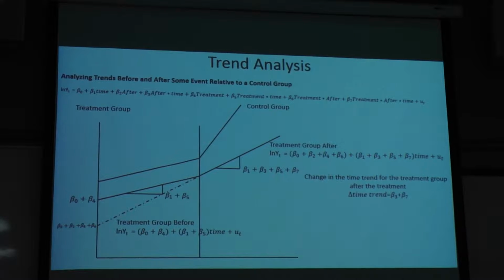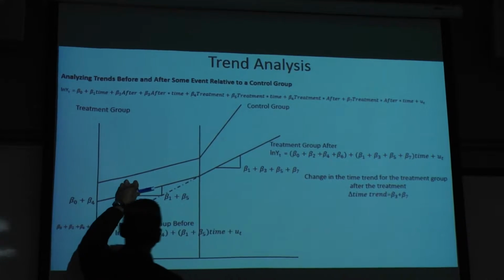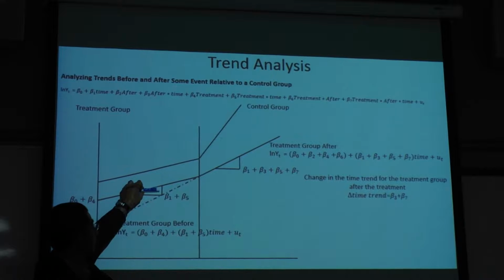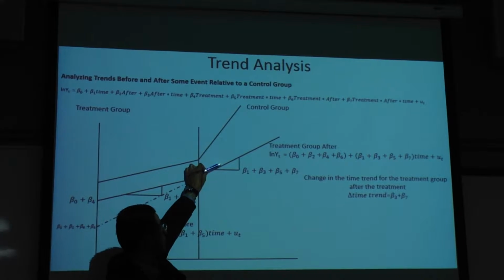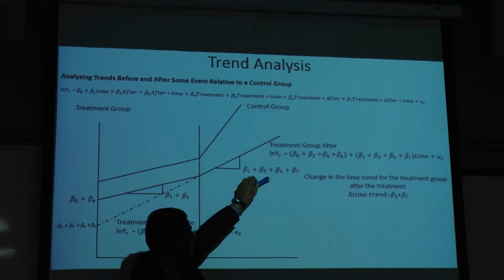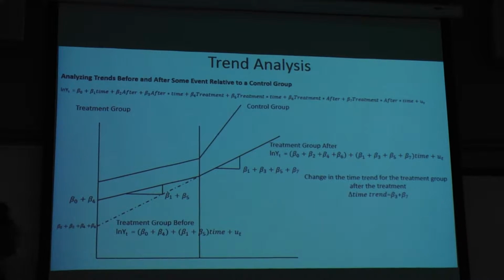And again, we can see that mathematically. We took this slope, beta 1 plus beta 5, took the difference with that slope, and we're left with beta 3 and beta 7. Now, if beta 3 and beta 7 are essentially 0, then there was no change in the treatment group after the treatment.